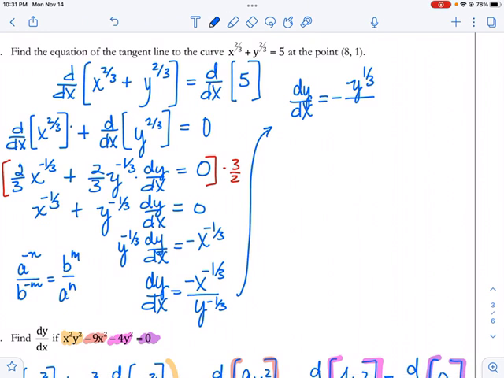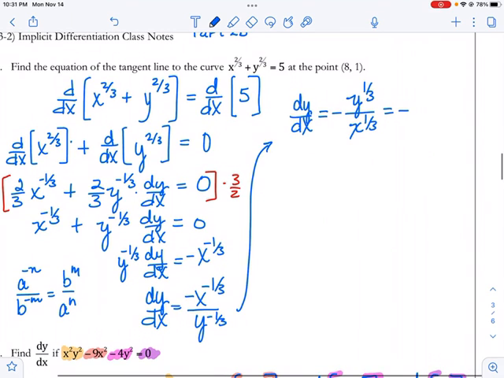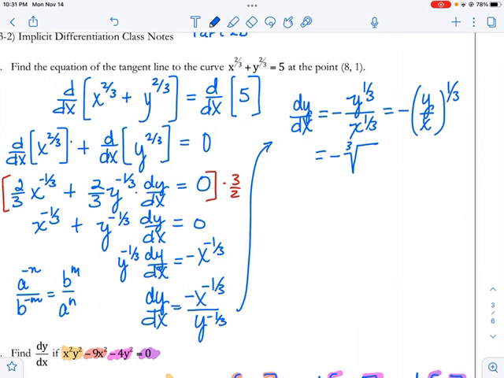So we're just using that rule. Then we can leave the negative out front, and make the whole thing a cube root, so that it's y over x to the 1/3 power. You can just say that that is negative the cube root of y over x. So there's our dy/dx.